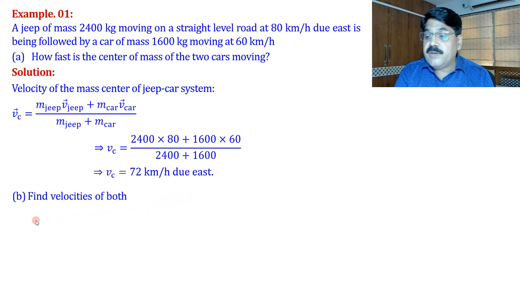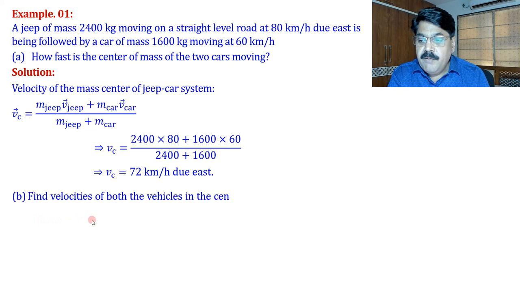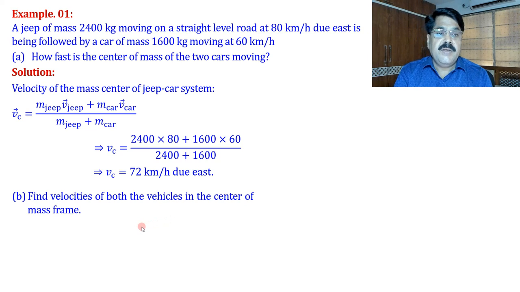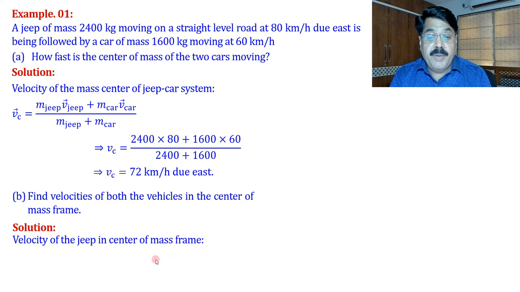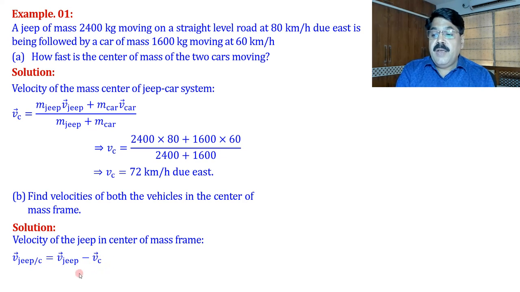Now in part B, what do we have to calculate? Find velocities of both the vehicles in the center of mass frame. Again, we start with the vector equation. How will the velocity of the jeep in the center of mass frame be? Velocity of jeep with respect to c is the velocity vector of jeep minus the velocity vector of c.